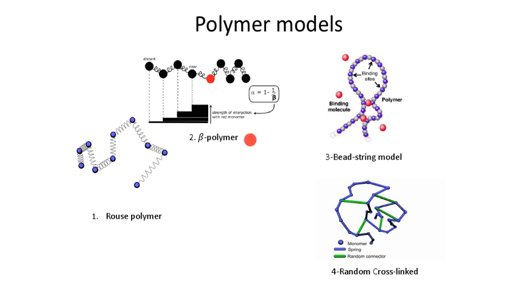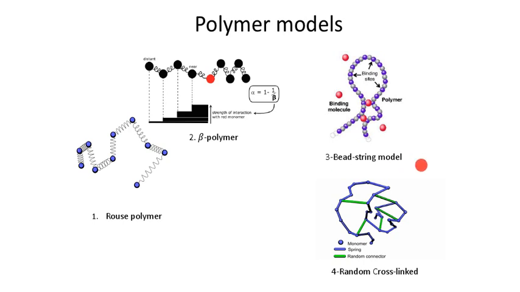A second type of polymer that has been used recently is the beta polymer model, where forces are added between the different beads here so that the anomalous exponent is prescribed, and so the method allows to describe how to put these different long-range forces.